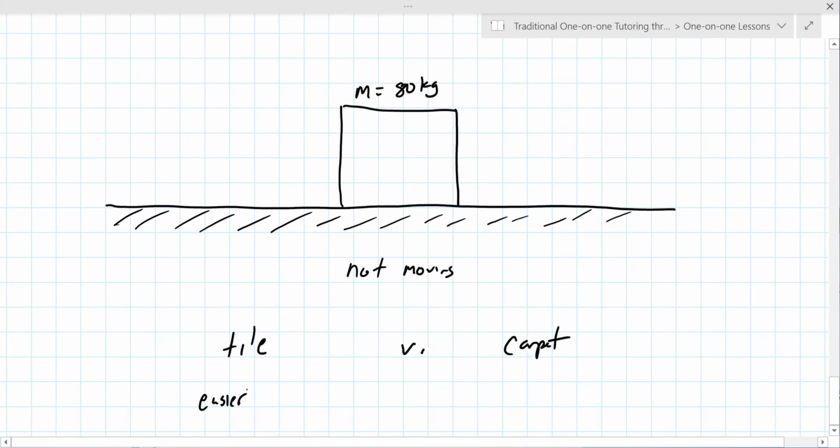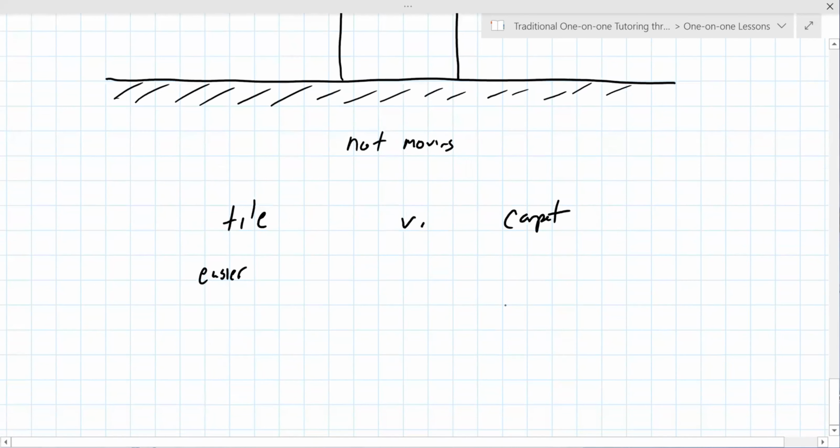The reason it's easier is because the coefficient of friction is larger on carpet. It pushes back more, and you intuitively know that when you try to push something on that. There's variations on that, different types of carpet.